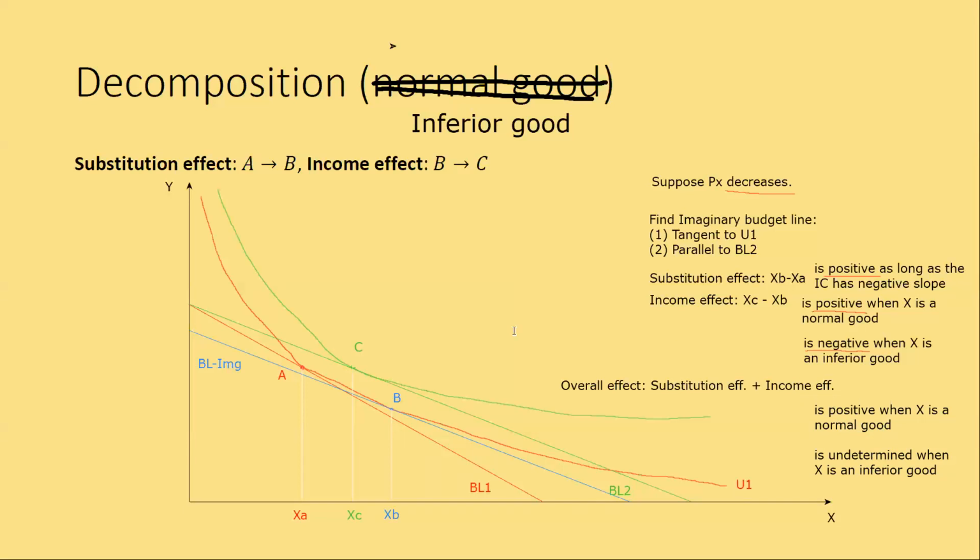Now, let's go a little bit more extreme than this. So here, point C is to the left of point B, but it is still to the right of point A. What if point C is even to the left of point A? So the income effect is not only negative, but it is so strong that it outweighs the substitution effect.